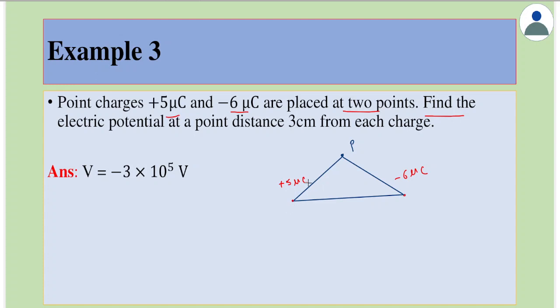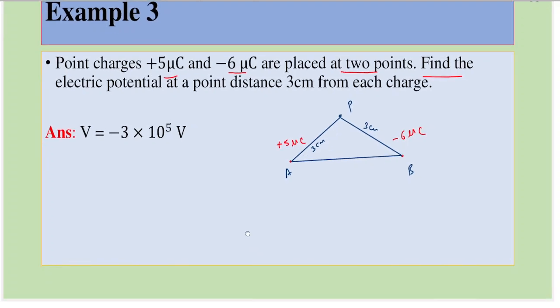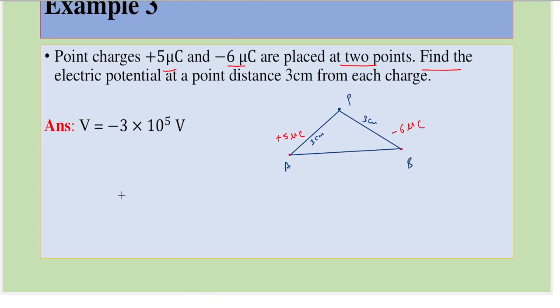The distance between this charge, let the charge be kept at point A, and this is point B, would be the same, which is 3 centimeter, and this also is 3 centimeter. Again here, the electric potential at this point P would be the sum of the potentials because of both the charges.